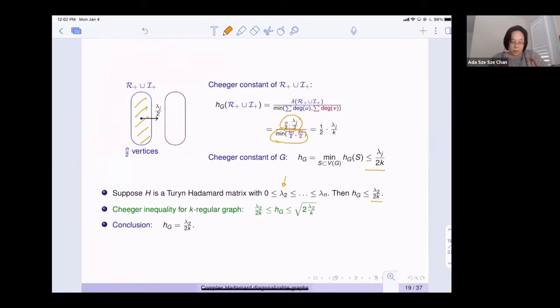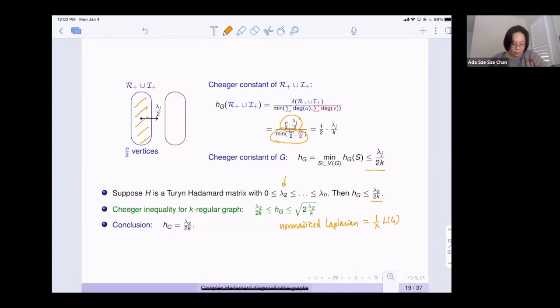Now, when we talk about the Cheeger constant, there's an inequality, and it's usually given by the second smallest eigenvalue of the normalized Laplacian matrix of the graph. But because the graphs here are k-regular, the normalized Laplacian matrix of the graph is 1 over k times the Laplacian matrix. So the second smallest eigenvalue of the normalized Laplacian matrix is just lambda 2 divided by k.